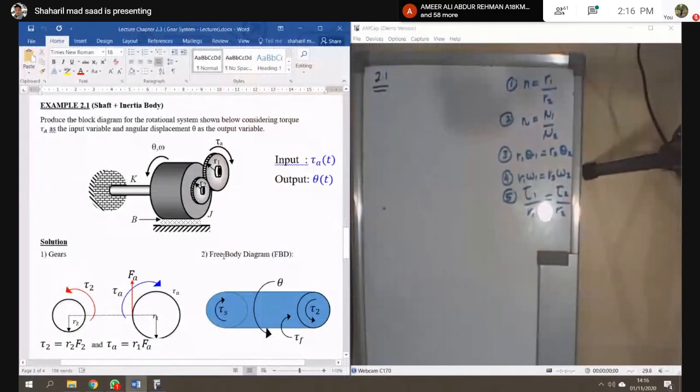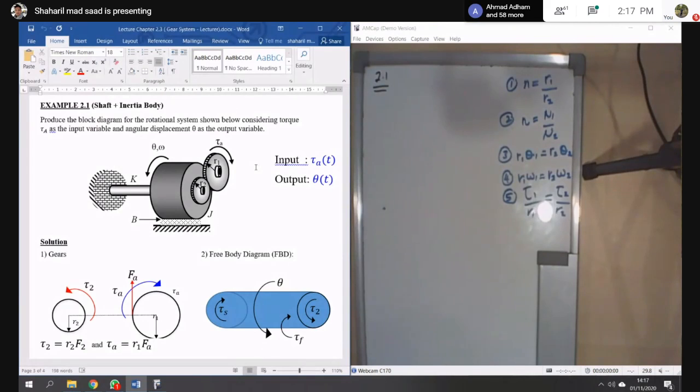Alright. Produce the block diagram. Okay, for the rotational system shown below, considering torque TA. Okay, TA, this one rotates clockwise if you look from the right, as the input variable and angular displacement theta as the output variable.